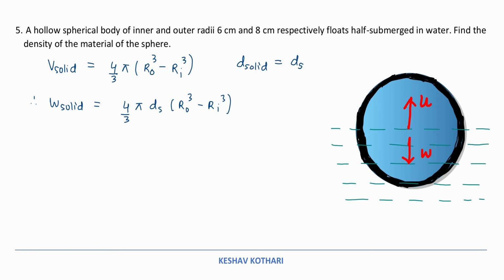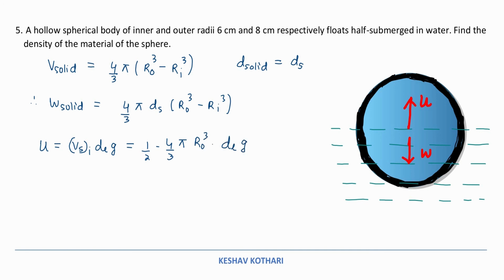So if I approach this problem in this way, I can take the value of upthrust. The upthrust is equal to the volume of solid immersed times density of liquid times g. Since half the volume is immersed, it is half of 4/3 π r₀³ times density of liquid times g.